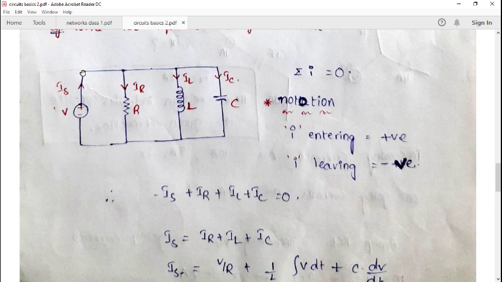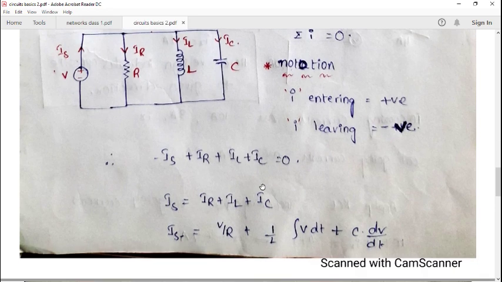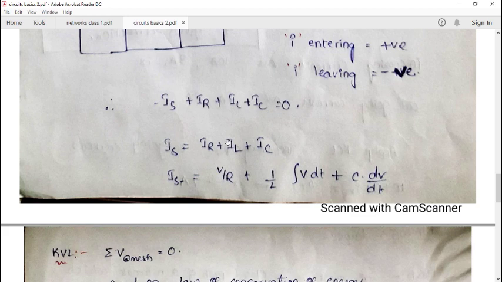IS is incoming, and these three are outgoing currents. Algebraic sum of these currents is equal to 0.